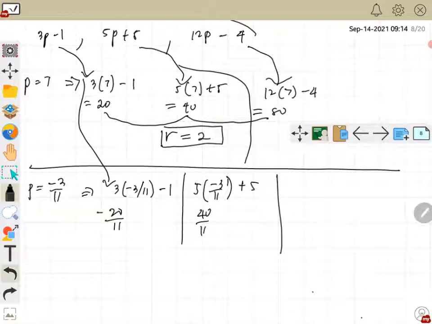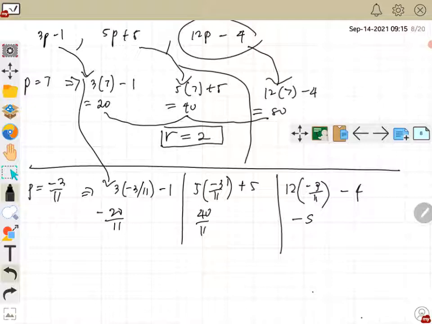Then the third one, 12p minus 4, that's 12 times negative 3 over 11 minus 4. That is negative 80 over 11.